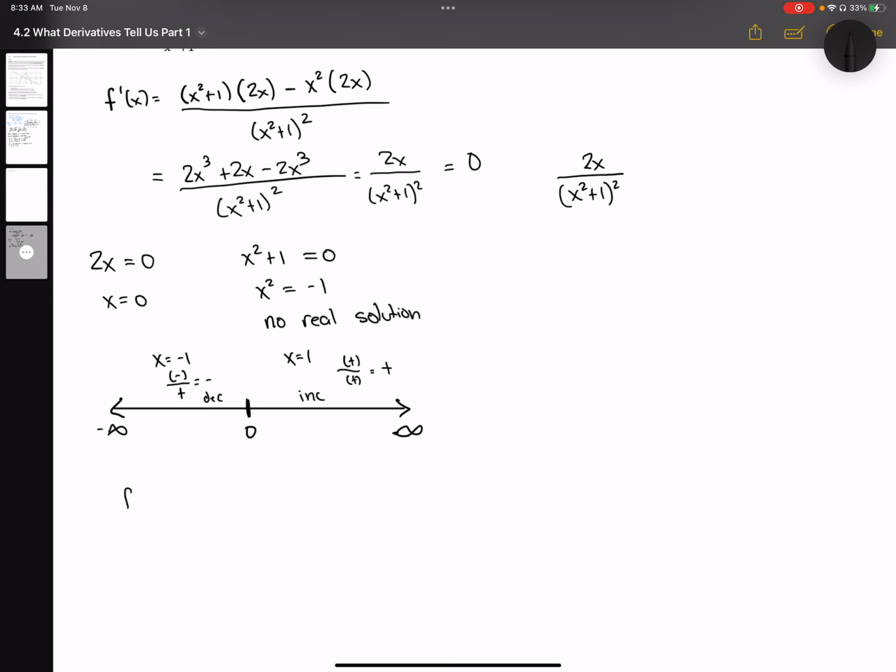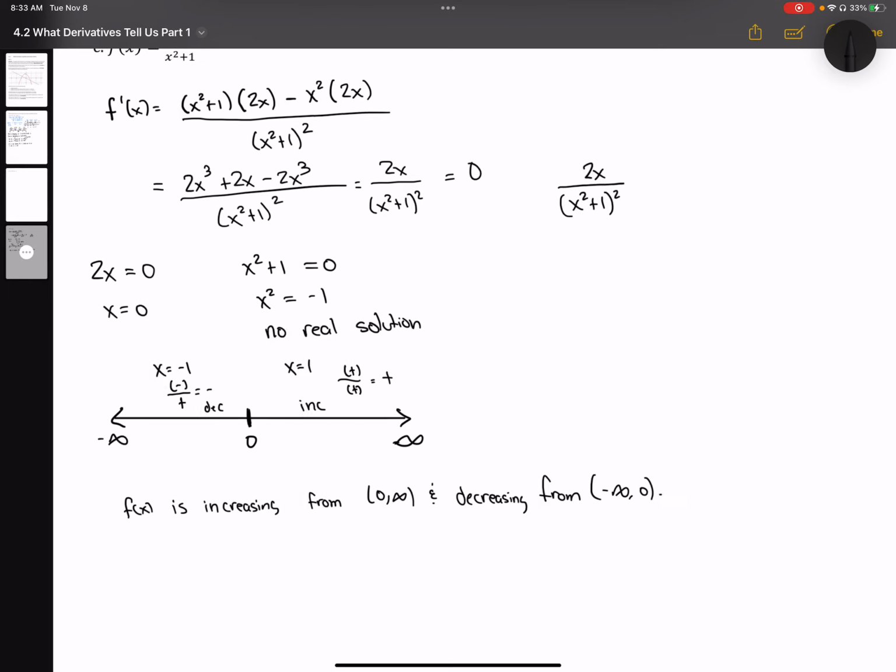So here we would say f of x is increasing from 0 to infinity, and decreasing from, dyslexia caught up with me, from negative infinity to 0.